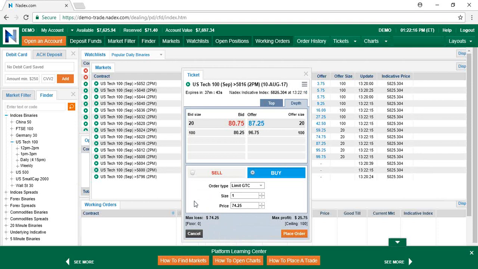So how can we utilize a 75% probability but not risk 75 to only make 25? Okay, so let me tell you, I think you already know the answer. If I were to buy this binary right here for 75, the most I can make is 25, right?